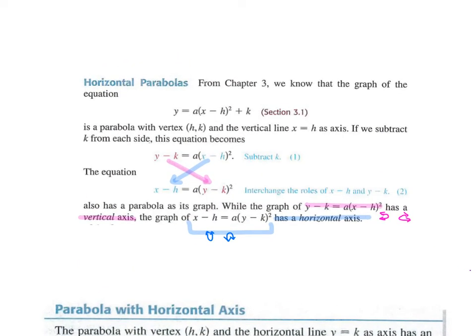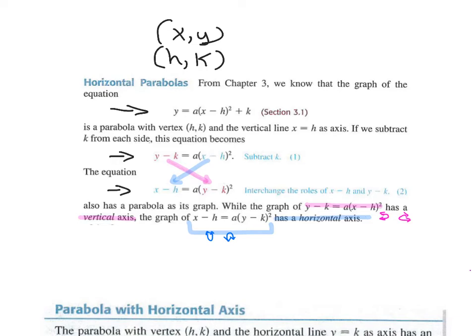Just to review, if you recall the vertex form of the equation from chapter 3, the vertex is always an ordered pair, and our vertex was called (h, k). So the h is the x of the ordered pair and the k is the y of the ordered pair.